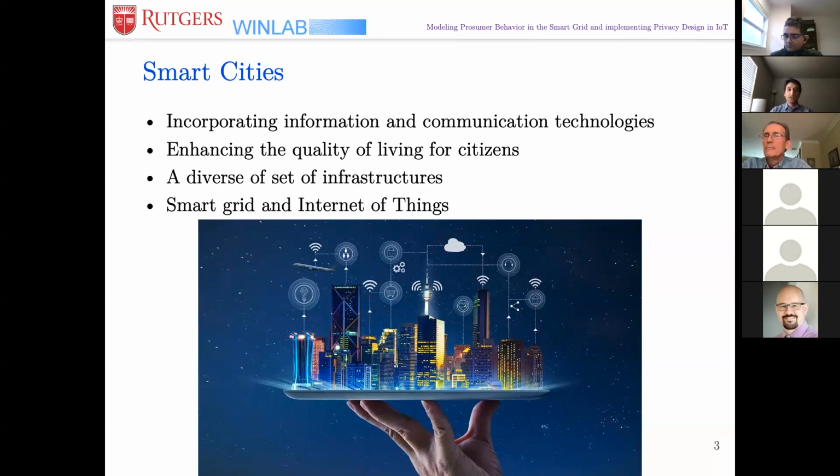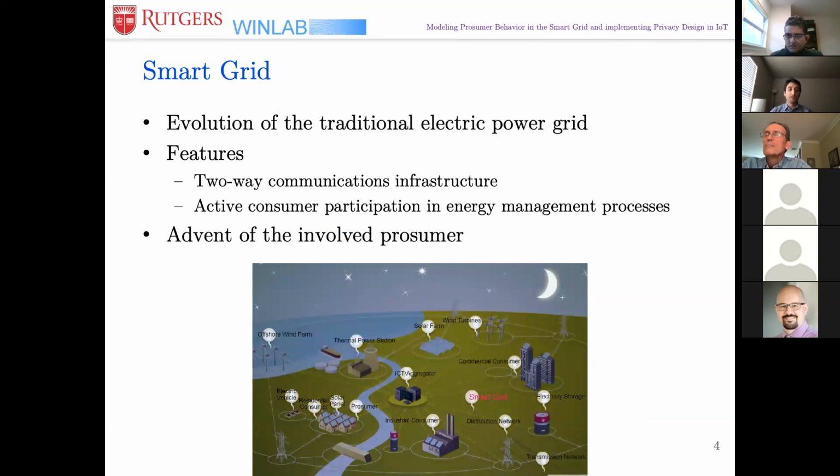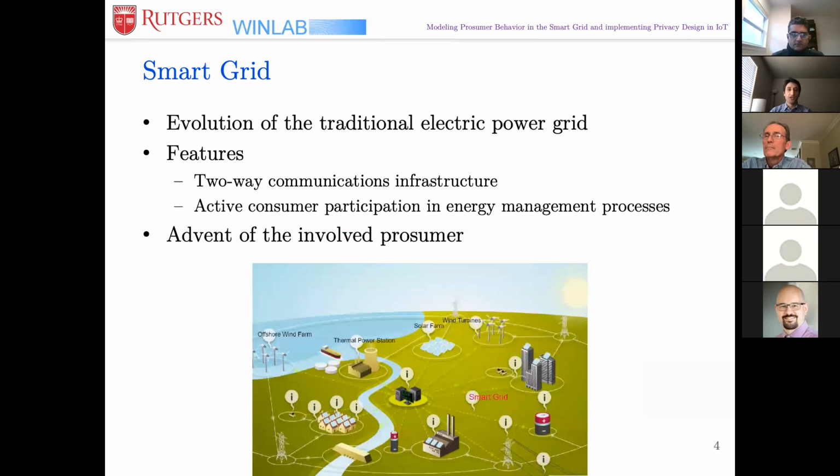My thesis addresses two subcomponents that are integral parts of the smart city ecosystem, namely the smart grid and IoT. The smart grid is an evolution of the traditional electric power grid, resulting from convergence of several factors, including growing demand for electricity, a variety of technological developments, environmental imperatives, and security concerns.